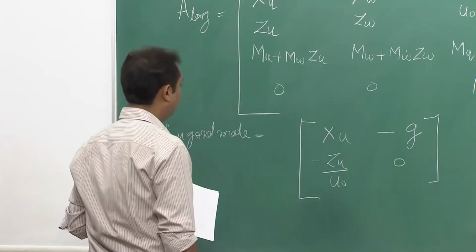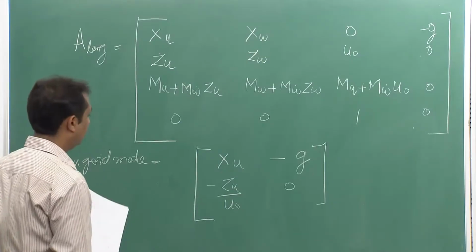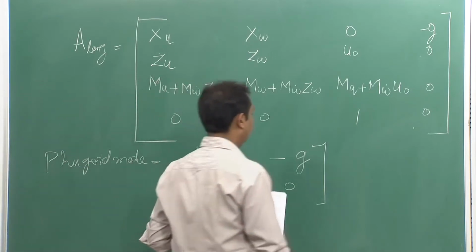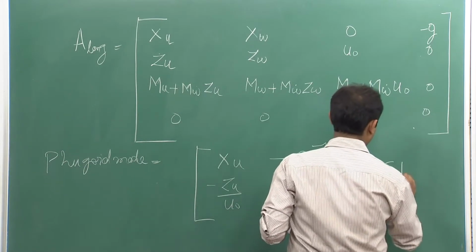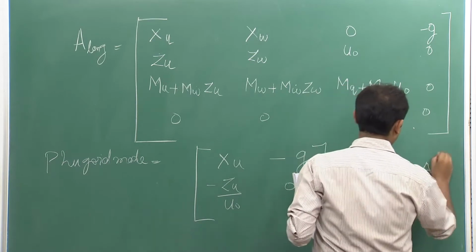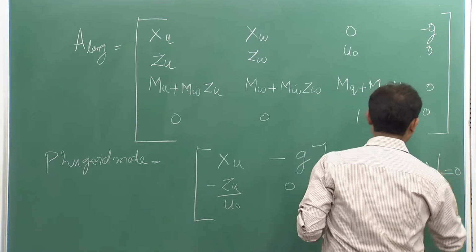So this is the matrix for phugoid mode. The characteristic equation for this phugoid mode will be determinant of SI minus A equals 0.